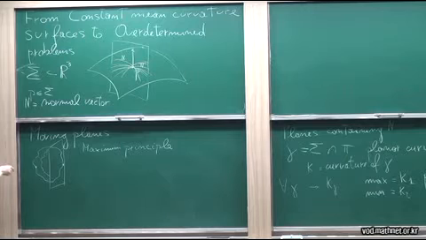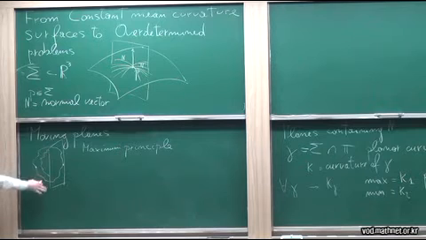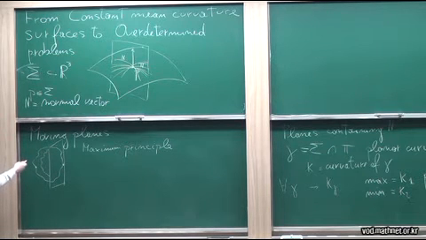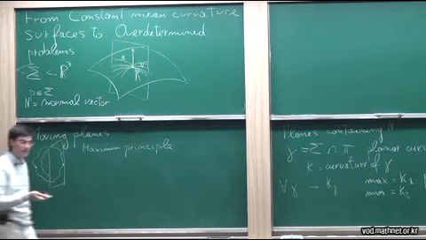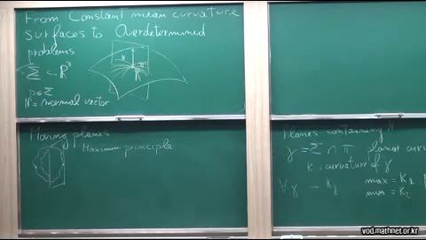So this strange object has to be symmetric with respect to this plane. But I can repeat the process for any other plane, and I can prove that this object has infinitely many planes of symmetry, and as a result the surface has to be a sphere. This is the idea.